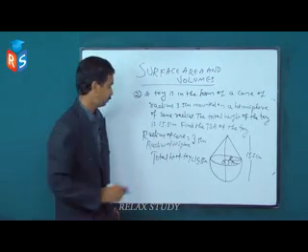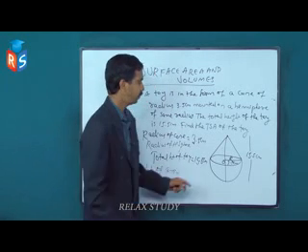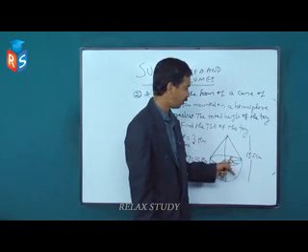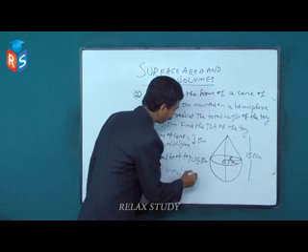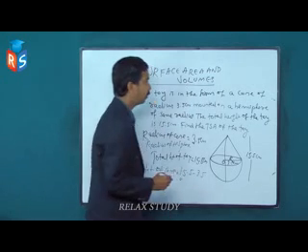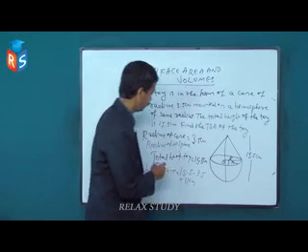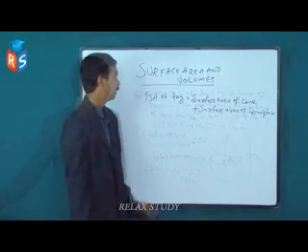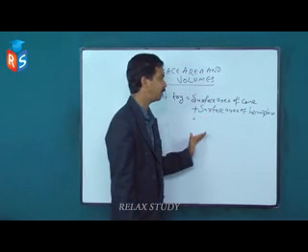Then the height of the cone: we have to subtract 3.5 from the total height 15.5. So 15.5 minus 3.5, we get 11 centimeter.